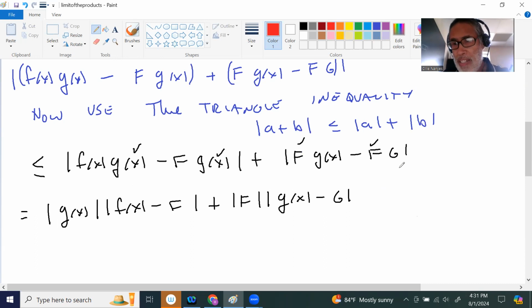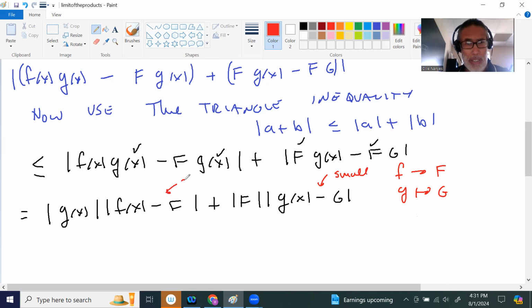We know that little f is getting close to big F. We know that little g is getting close to big G. So that means this is going to be getting small. This is going to be getting small. This is going to be getting close to big G. And that is already big F.